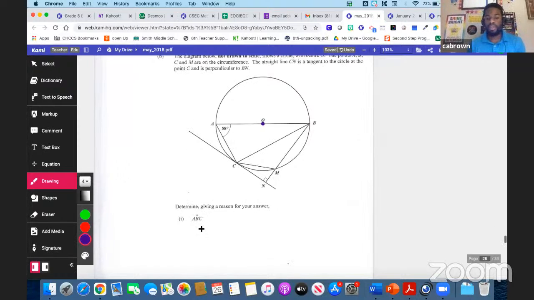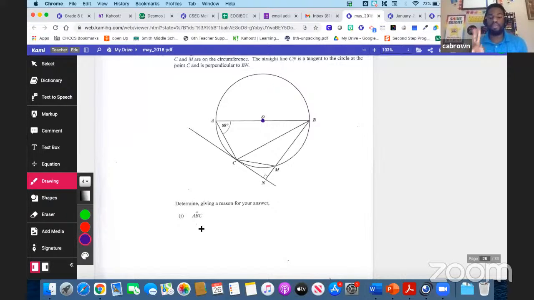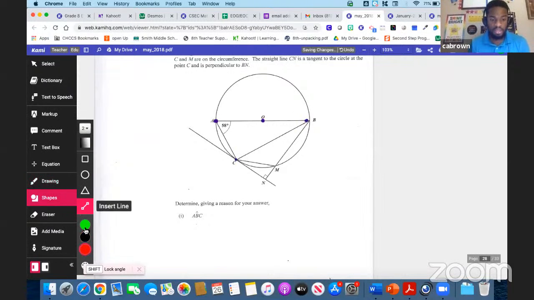Again, I will continue to mention that whenever you have 3 letters, it's always the angle in the middle that we are referring to. So ABC will form this triangle, A, B, C. Let me go ahead and put it in green so you can see the triangle we're referring to. If you look at how I'm drawing it, you'd realize that this is a right triangle.